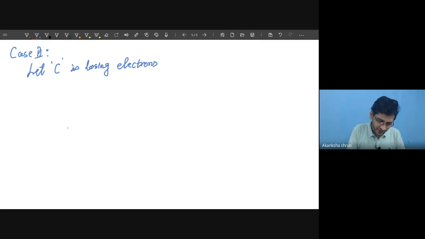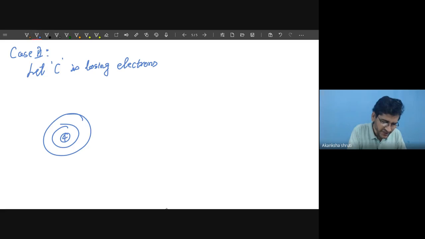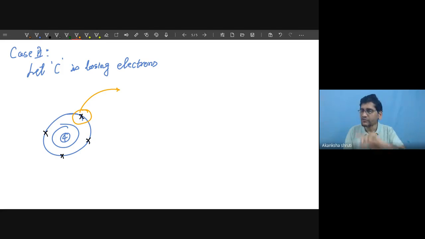See, for this, student, let me just draw the outermost electrons, not the inner ones. I am not interested in that. Again observe it carefully. Let us consider this electron is being lost. We are just removing one of the electrons.